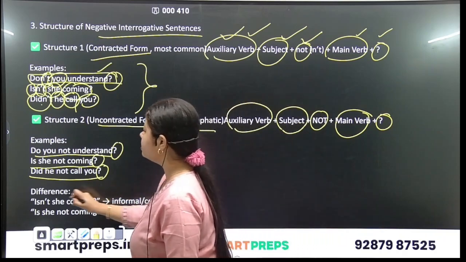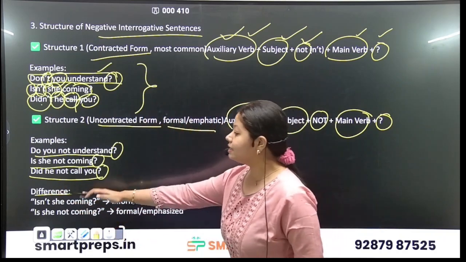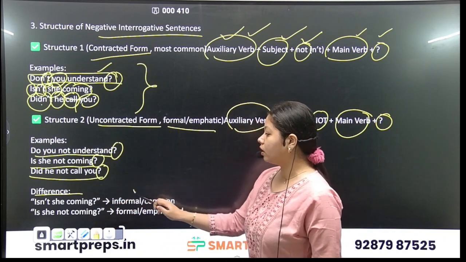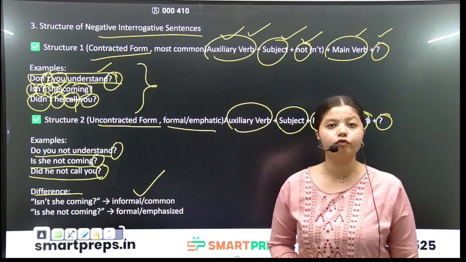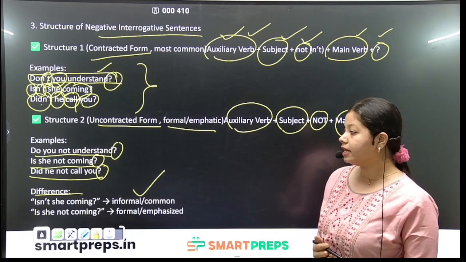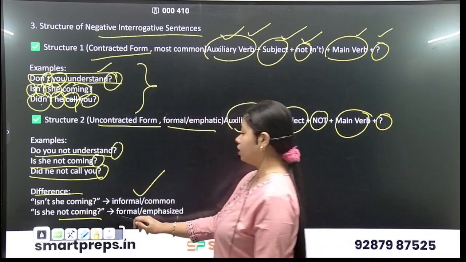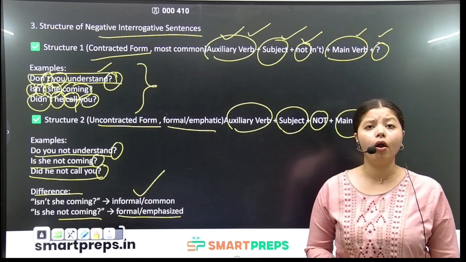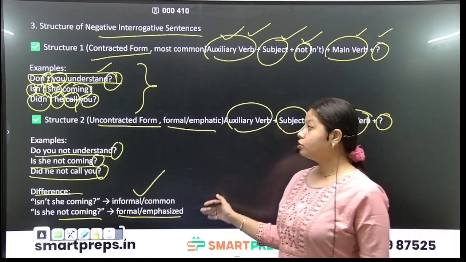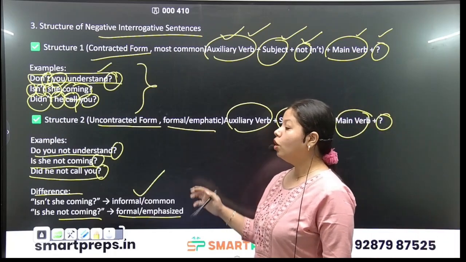Now just check the difference. Isn't she coming? It is the informal or most common form of negative interrogative sentence, and is she not coming is the formal or emphasized structure. In structure 2, the not is added after the subject.